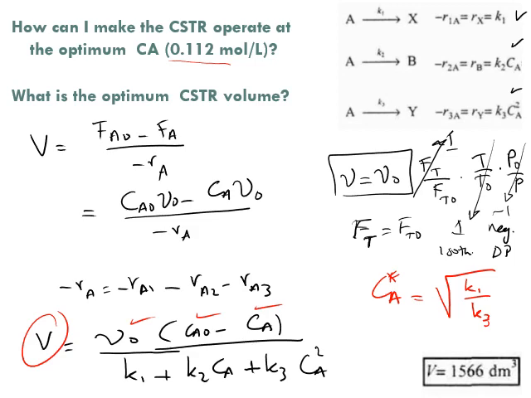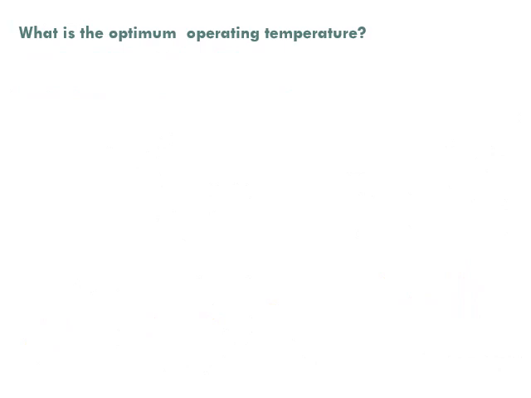So let's go and check out the effect of temperature on selectivity. The question now is, what is the optimum operating temperature? Again, we go back to the selectivity, correct? Selectivity is given, and for any temperature we already have the optimum CA. How did we find it?